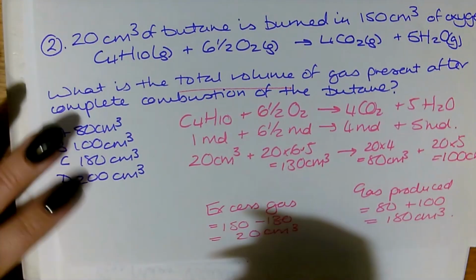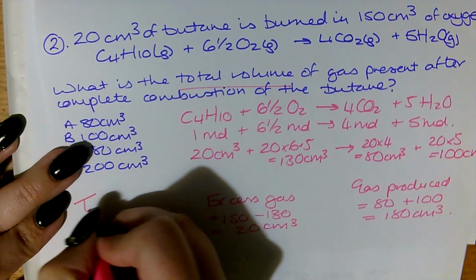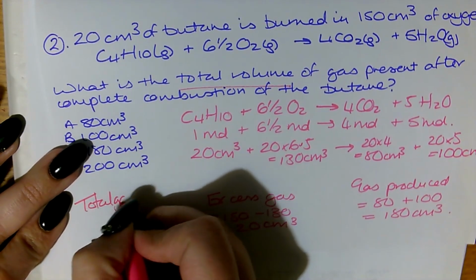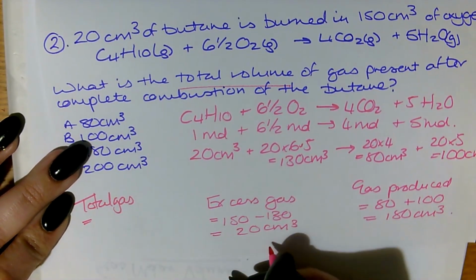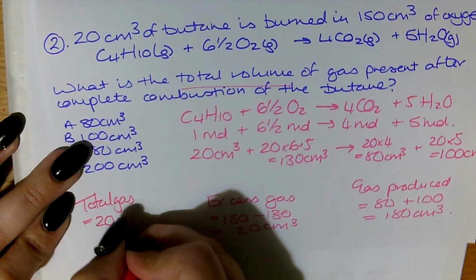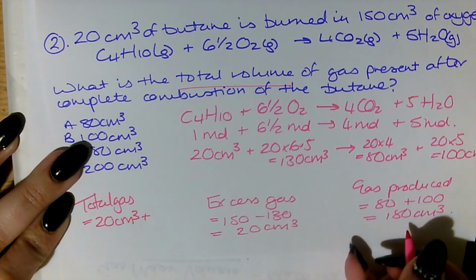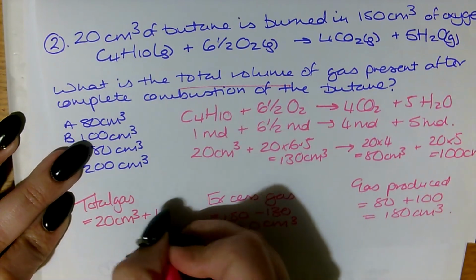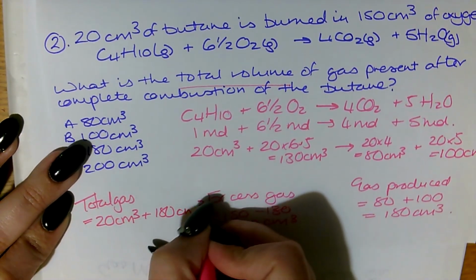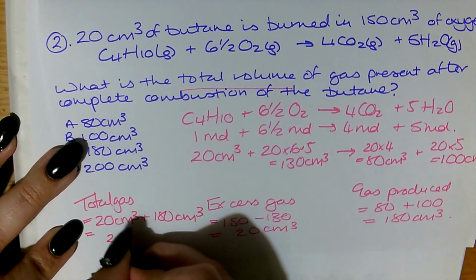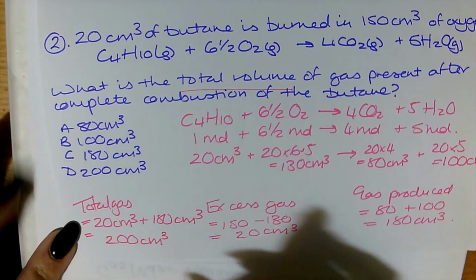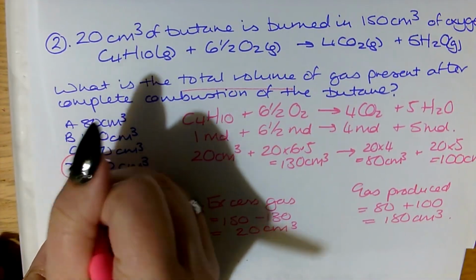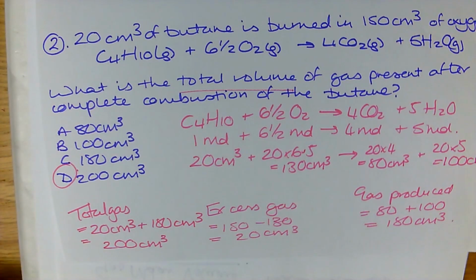And then to work out your total gas, you are doing your excess gas plus your gas that was produced. So here we are going to have 200 centimetres cubed of gas, and that is therefore going to be answer D.